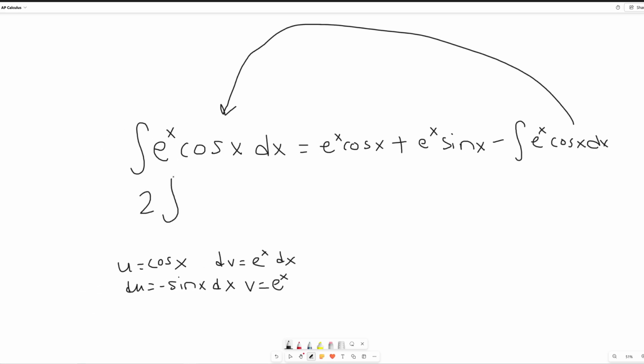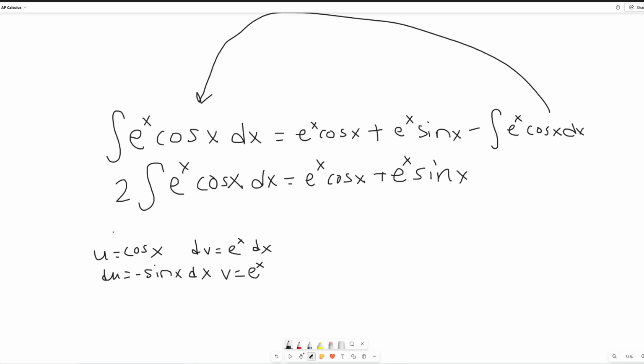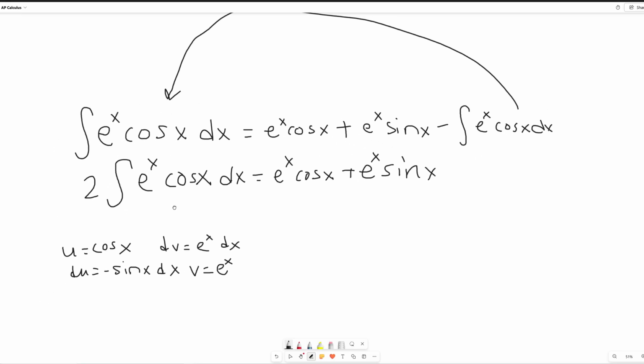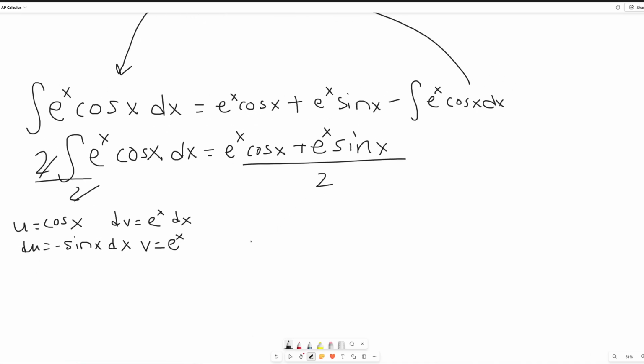So now you have 2 times the integral of e to the x cosine x dx equals e to the x cosine x plus e to the x sine x, because we're subtracting it, so you add it to both sides, and now this is possible. Now you just divide both sides by 2. And then now you have your answer.